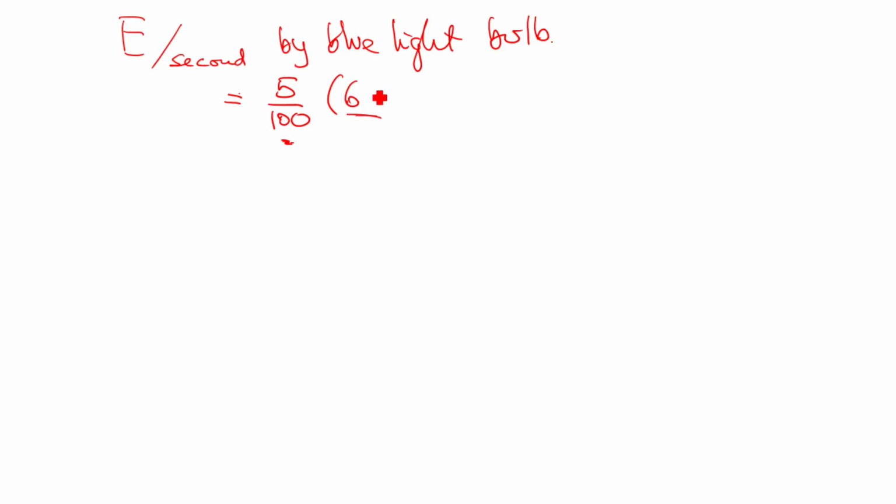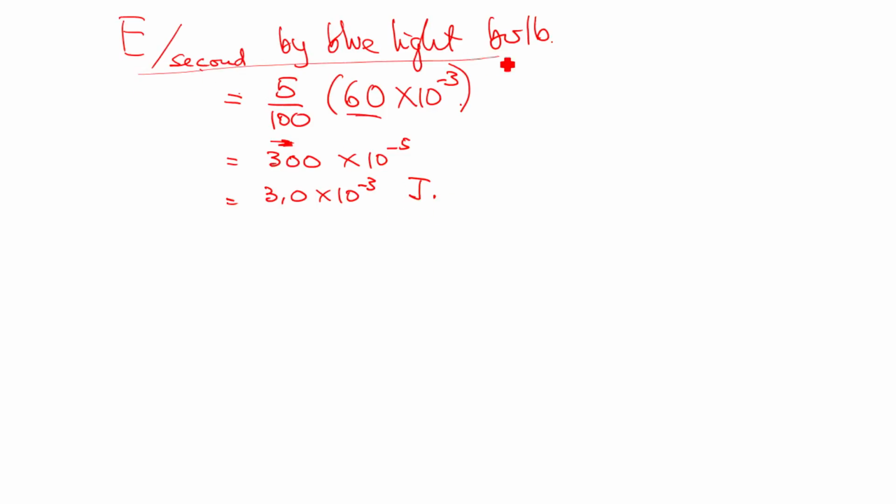And that's the rating: 60 times 10 to the minus 3, which is milliwatts. But we see it is not all that efficient, so we have to take this into account, and that is going to be 5 times 60 is 300, and times 10 to the minus 5, so that is going to be 3,0 times 10 to the minus 3 joules. Okay? 3 times 10 to the minus 3 joules. That is the amount of energy that it delivers per second.